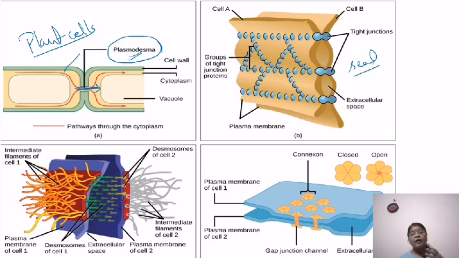Like if you take the urinary bladder, if it had been leaky, then the urine would move to the other cells, the extracellular fluid. To avoid it moving out, these junctions are tight. They won't allow anything to leak out. Such junctions are called tight junctions.